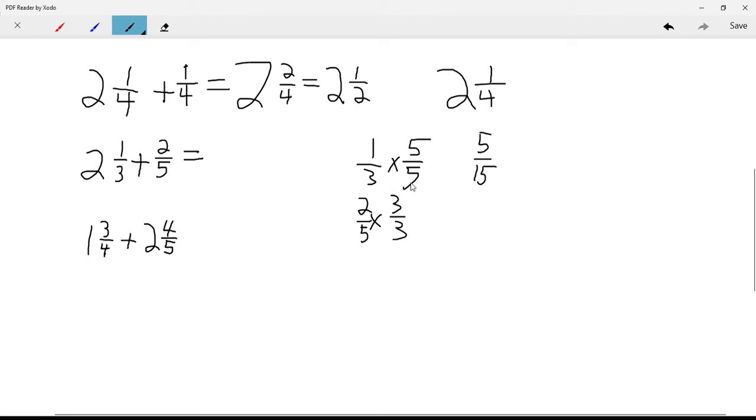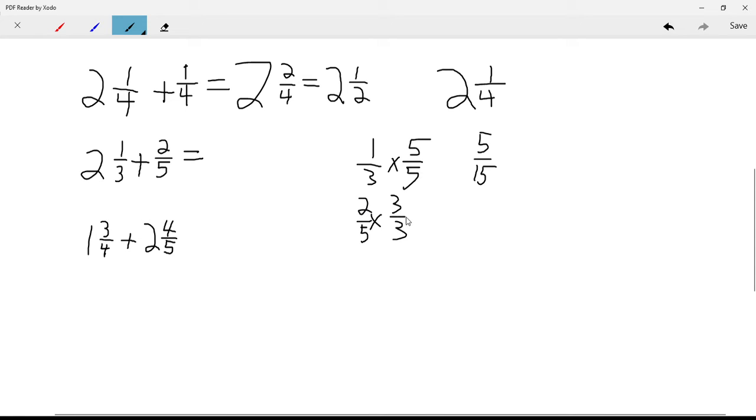So I have to multiply 3 by 5 to get 15, and I have to multiply 5 by 3 to get 15. I have to do the same to the top and the bottom because I'm basically multiplying by 1 to keep the value the same. So 3/3 equals 1, and so does 5/5. Any fraction with the same numerator and denominator is equal to 1.